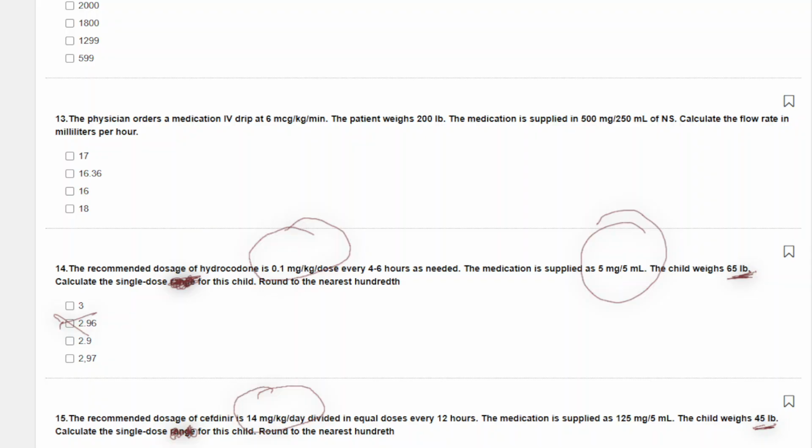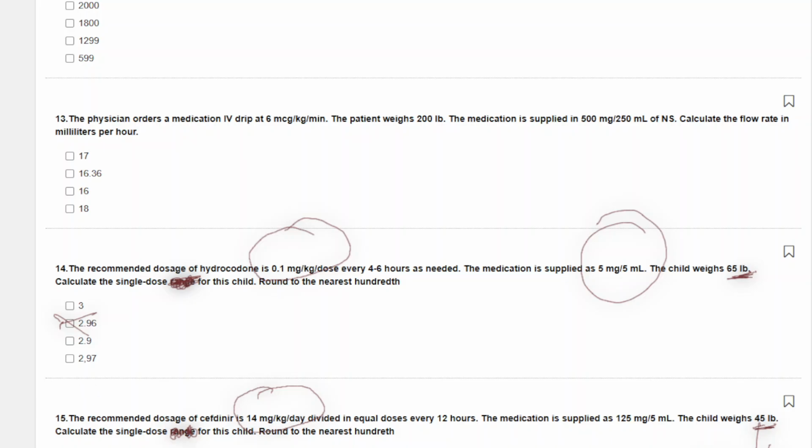And once you do that, they say round to the nearest hundredth. All right? So we're going to round 45 divided by 2.2 to the nearest hundredth first. So now we got 20.45. This weight right there is 20.45 kilogram. So what do we have?